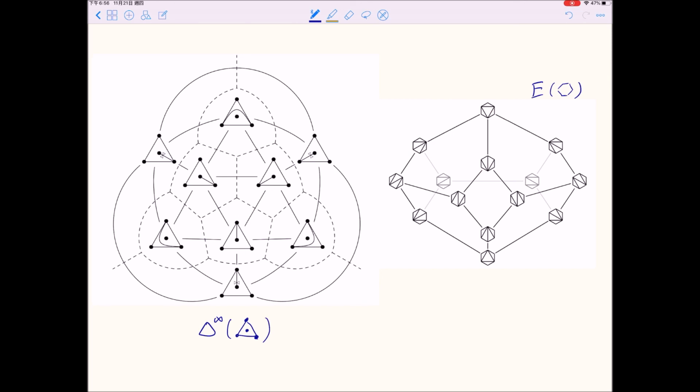The dotted lines here will be the dual simplex. If you look at the dotted lines, you'll see pentagons, squares, and so on. And you can compare that these two are the same.